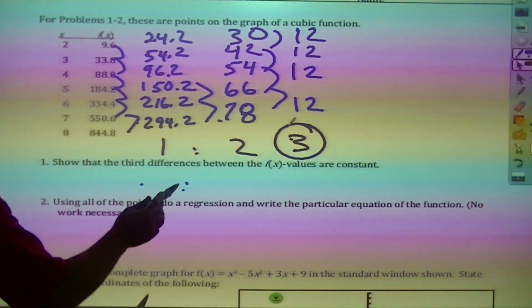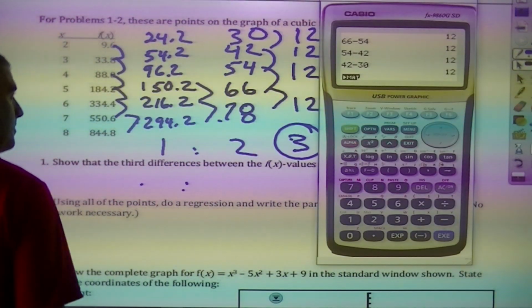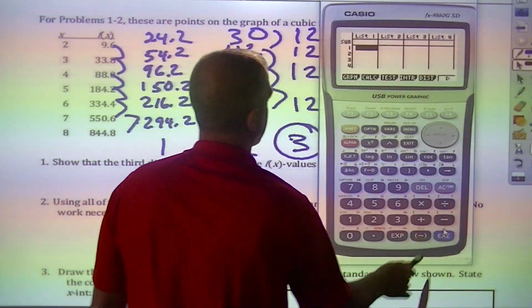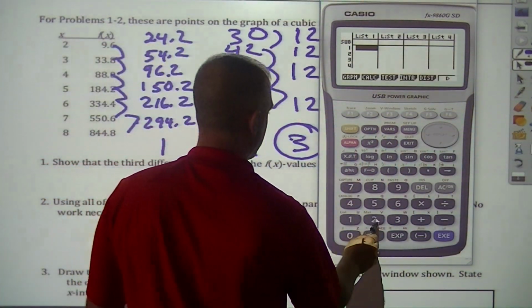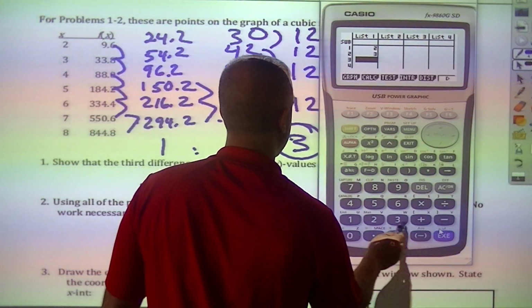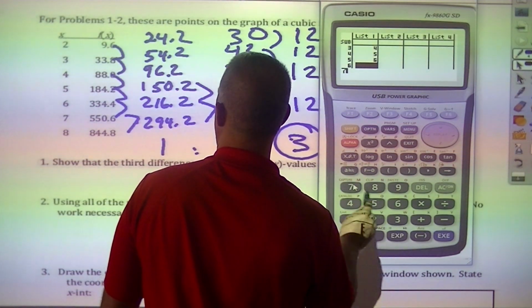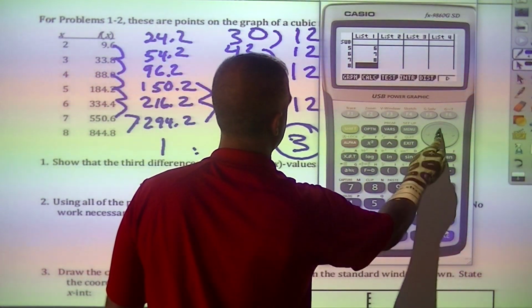It's a cube. So since it's a cube, when I go into menu and stat, okay, I can put in my values 2, 3, 4, 5, 6, 7, 8.